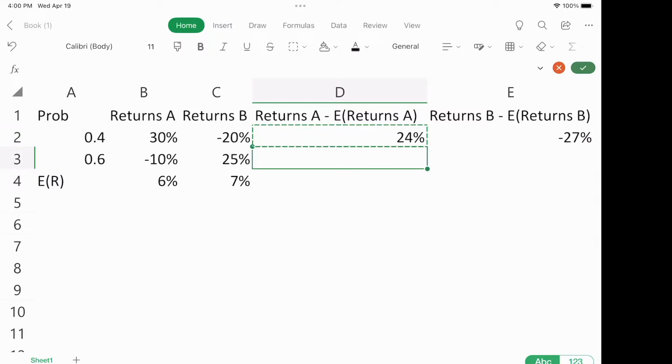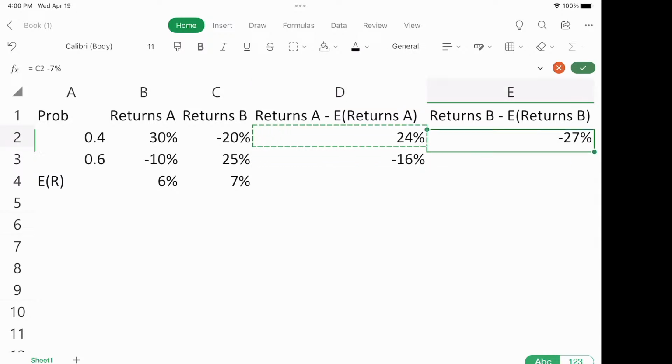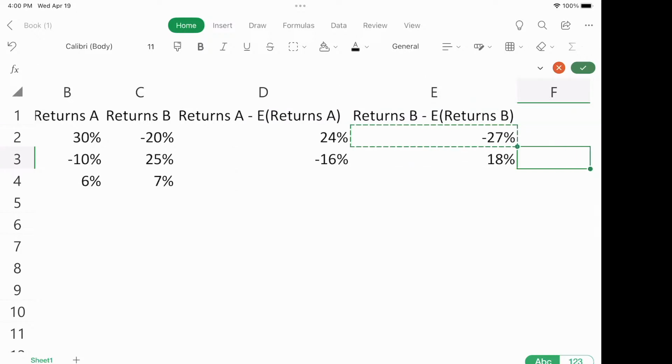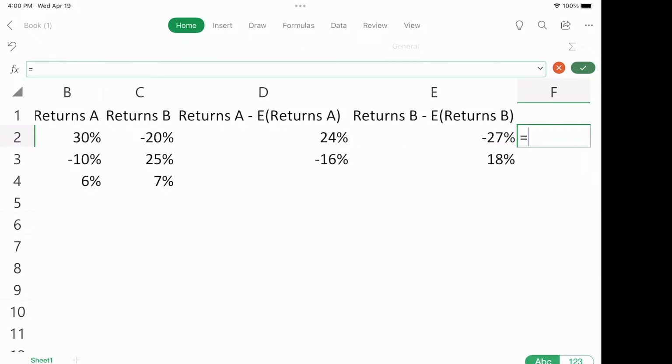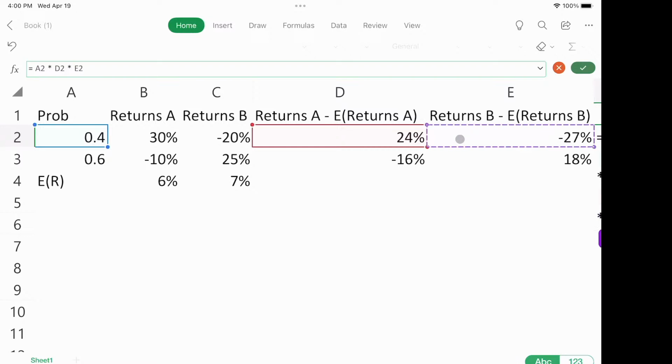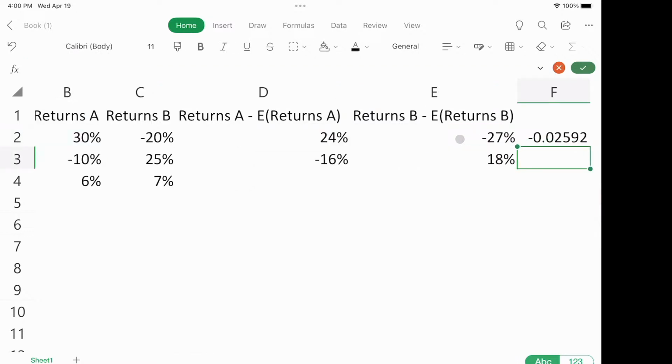So I'm going to copy this down because it's the same. I'm hoping I do this right. And then you multiply. I take the probability over here and multiply: the deviation from A's mean and the deviation from B's mean.